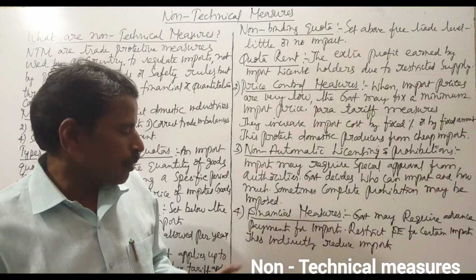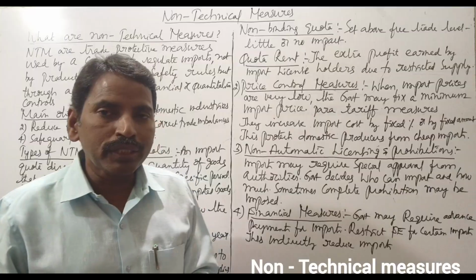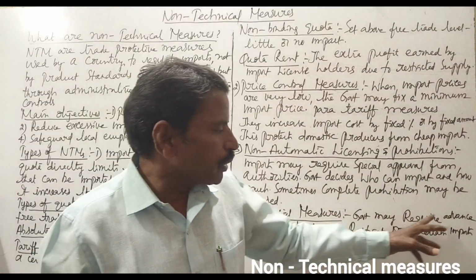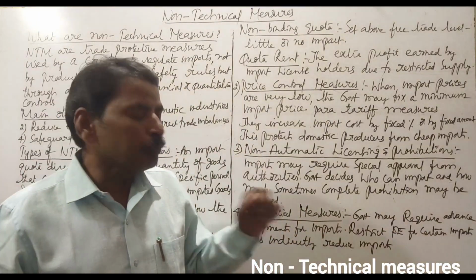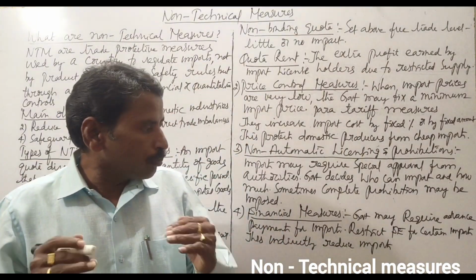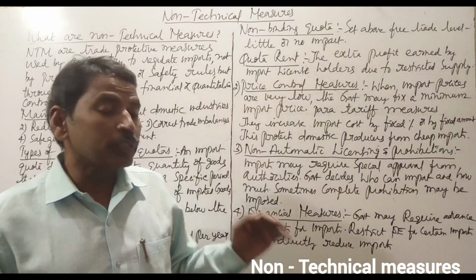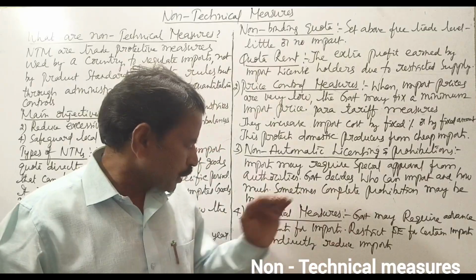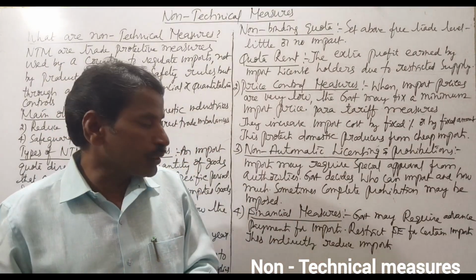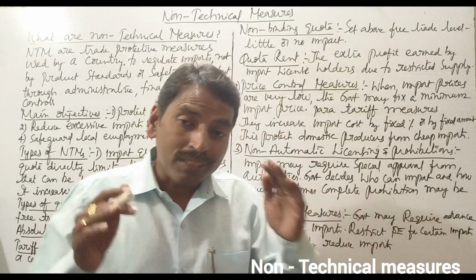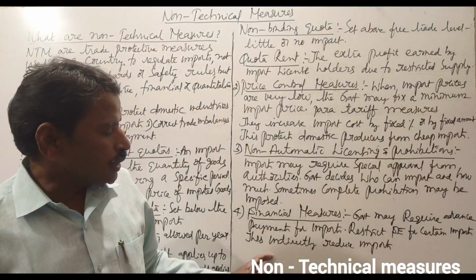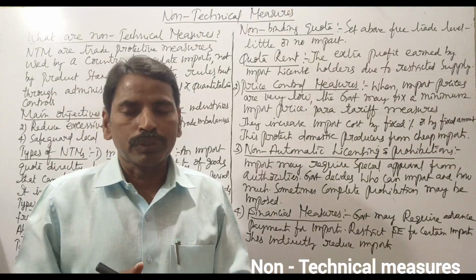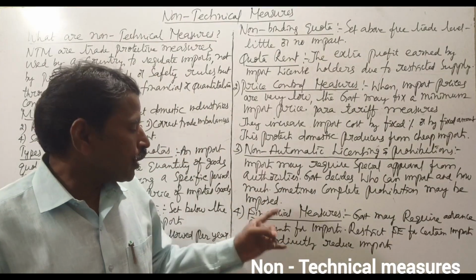Next, the fourth one is financial measures.